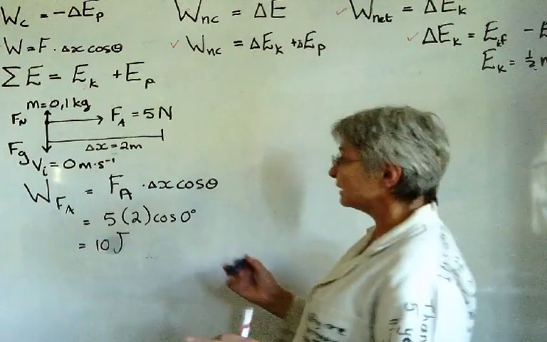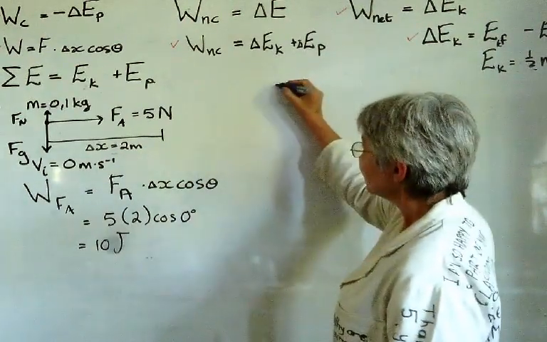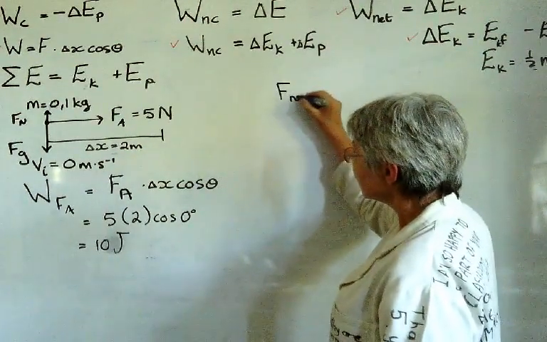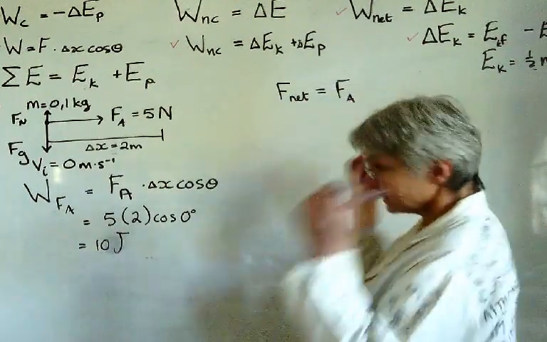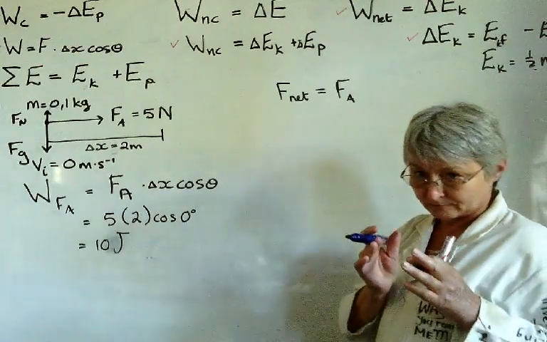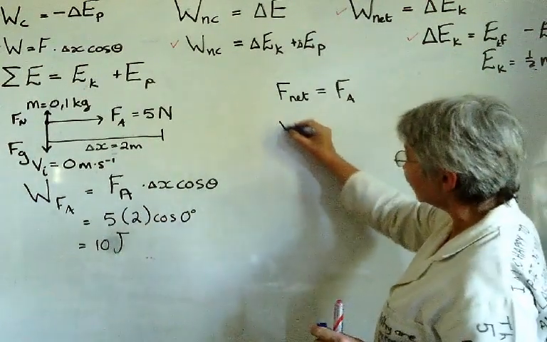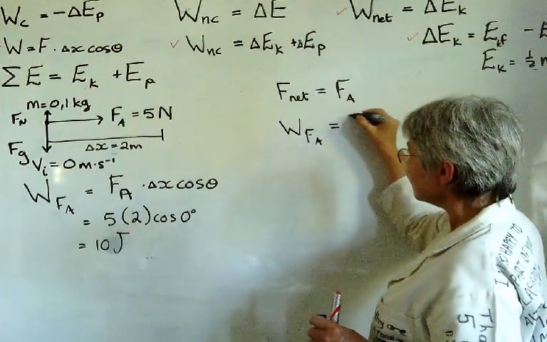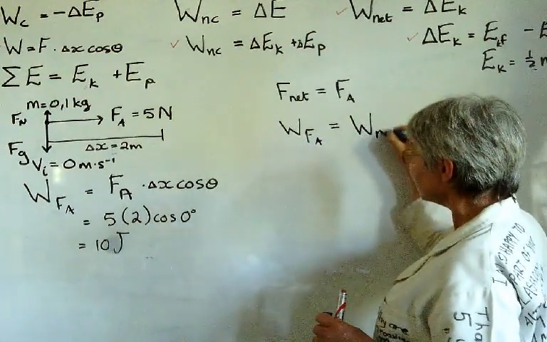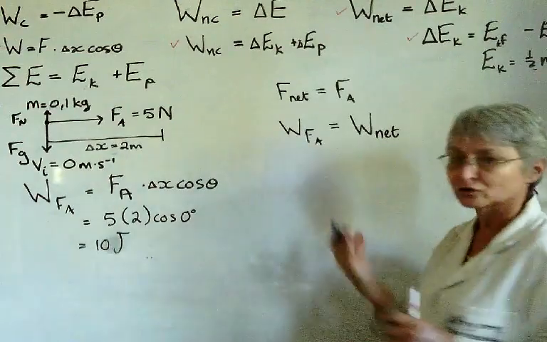So they're ignoring friction. So the F net would be equal to F applied. That's how I understand it. So the work done by the applied force is the same as the work done by the net force. I'm just writing this down for myself.